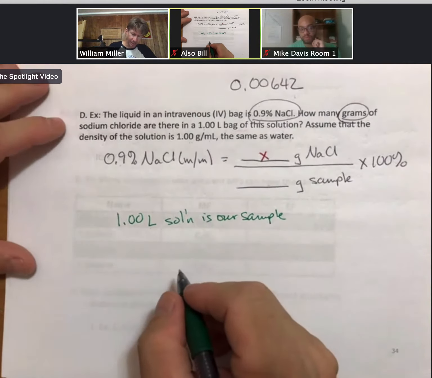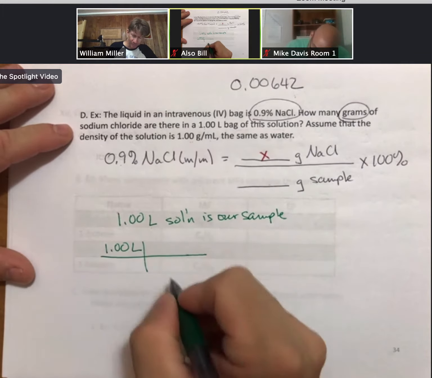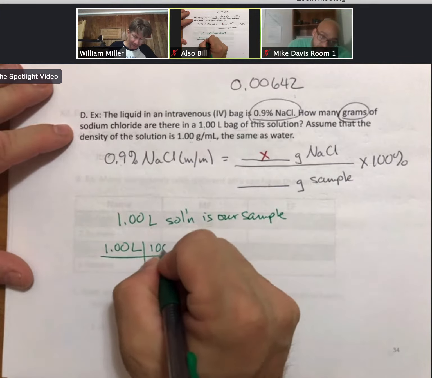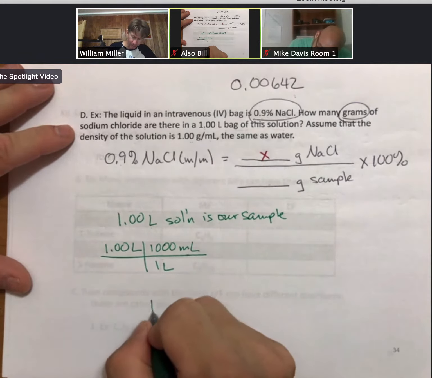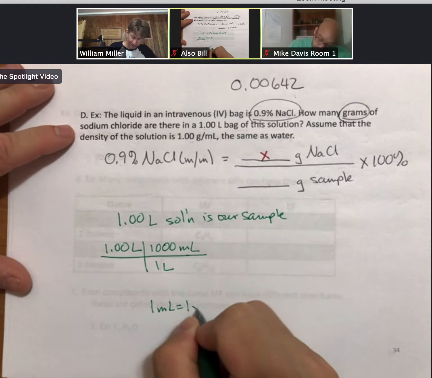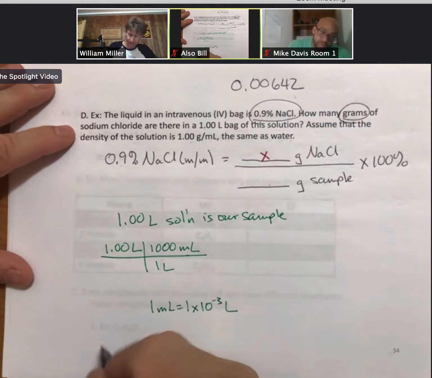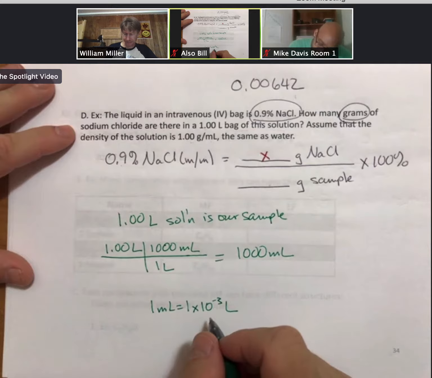Now, 1 liter, if you remember, is 1,000 milliliters, or 1 milliliter equals 1 times 10 to the minus 3 liters. However you do it, this is 1,000 milliliters.